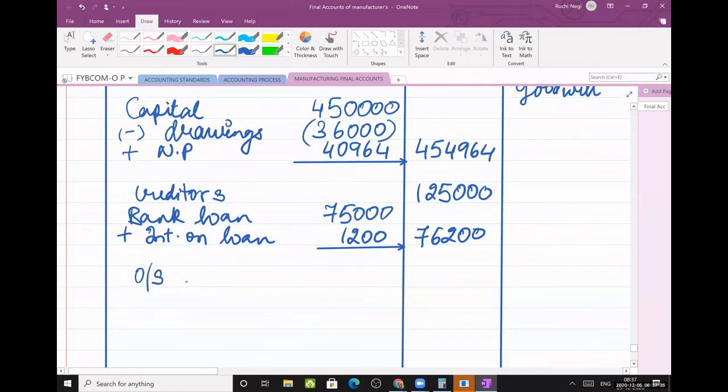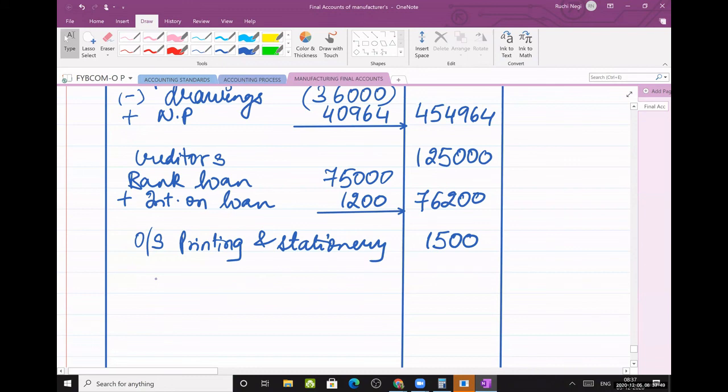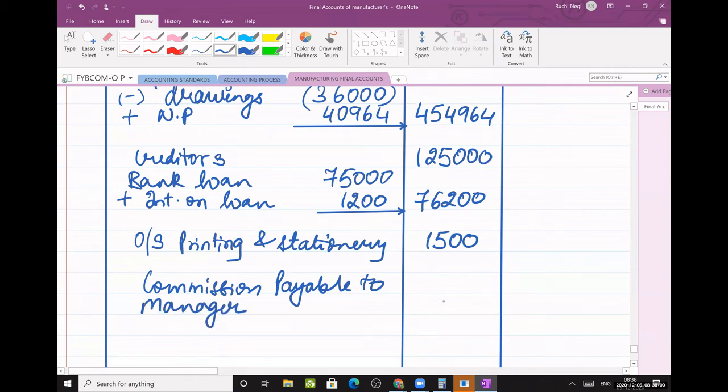Then second effect of outstanding printing and stationery. 1,800. And second effect of outstanding commission or commission entitled. Or you can write commission payable to manager. Payable to manager, or you can write outstanding commission to manager. It's one and the same. We just got the answer 836. Okay, we just got that answer 836.